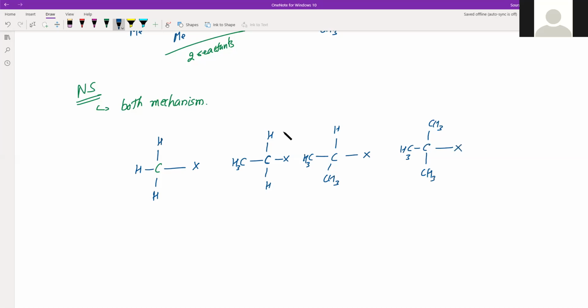Now if we talk about SN2 and SN1, both will be observed, but one of the routes will be favored. So which one will be favored, that we'll see now.